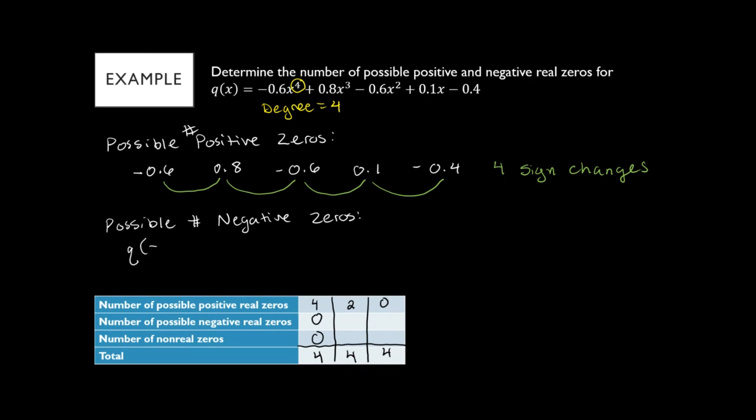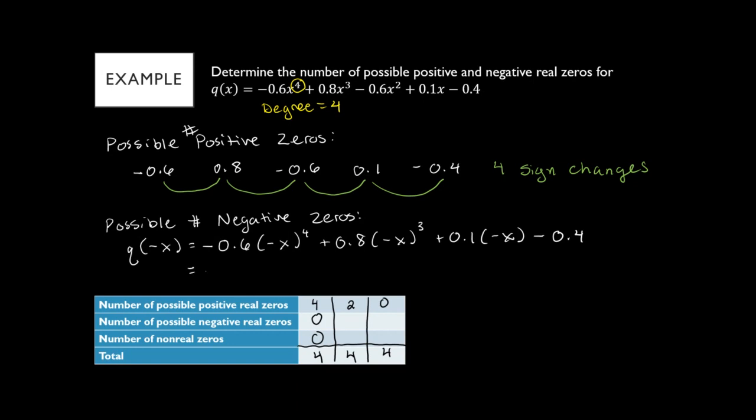So I have q, and I'm plugging in negative x: negative 0.6 times negative x to the fourth plus 0.8 times negative x cubed plus 0.1 times negative x minus 0.4. So anything with an even exponent, the coefficient stays the same, it doesn't change sign. Odd exponents, the coefficient changes.